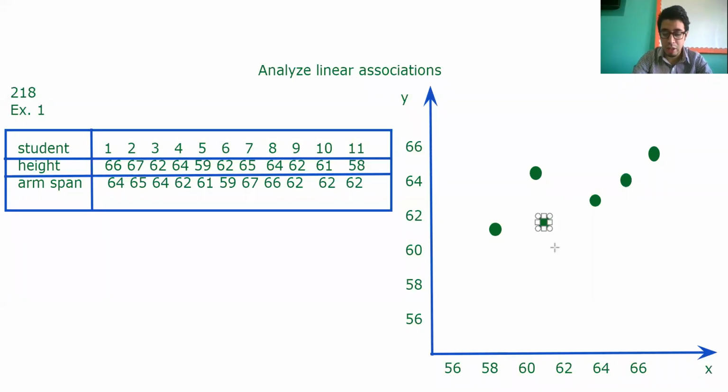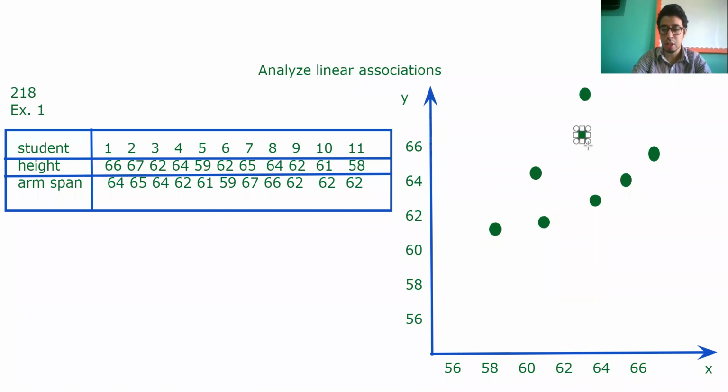The other part is 65 and 67. 65 is in the middle of 64 and 66, and 67 is on the top of the graph. Later, what we need to complete, 64 and 66.